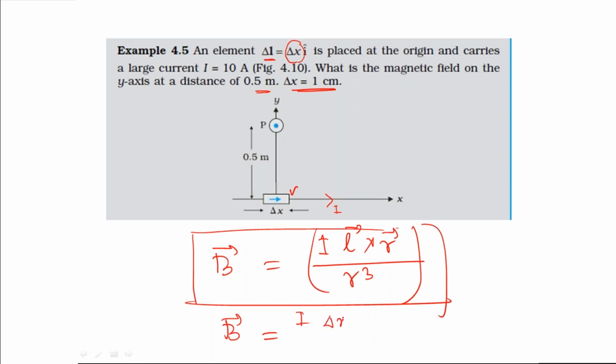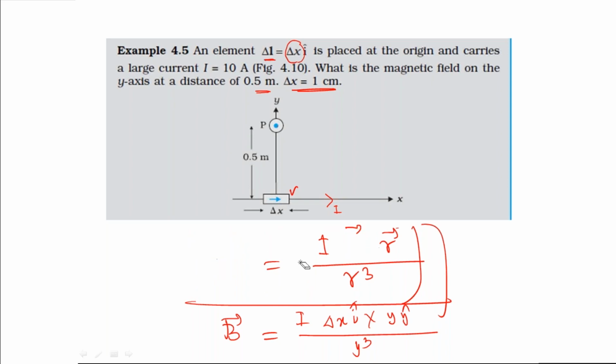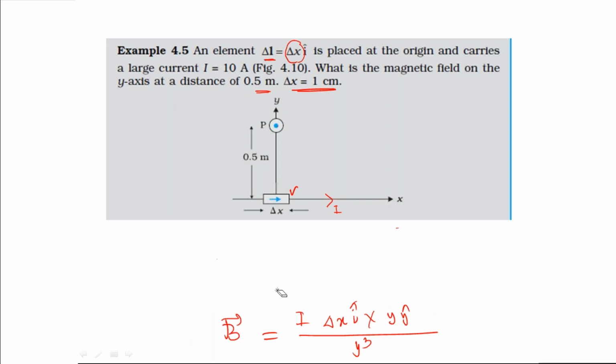So I can write the vectorial form first: dx x cap cross r, which is actually along the y direction, so r is y into y cap, divided by y cube. If you apply it in this way, first let me calculate the magnitude itself for this case, then I'll find out the direction.